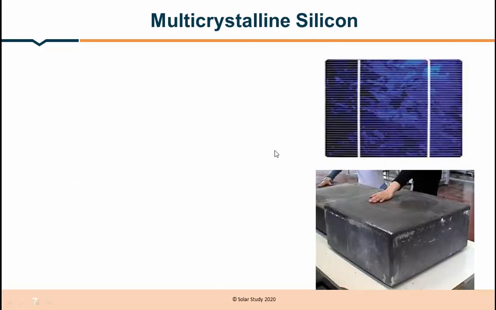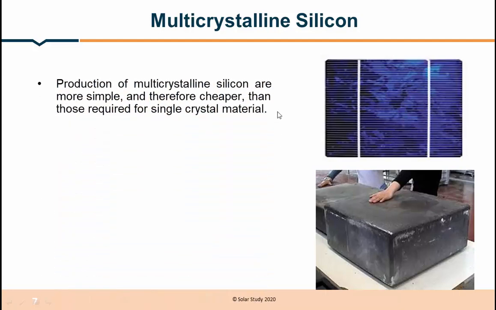Now we will see multicrystalline silicon. Previously we saw that single crystalline silicon is made from cylindrical ingots. But for multicrystalline, these ingots are formed in a rectangular shape.